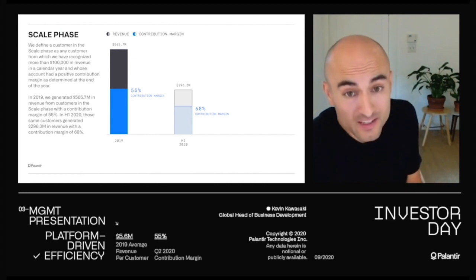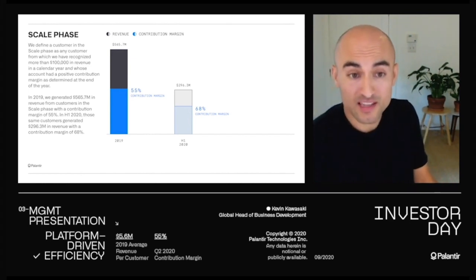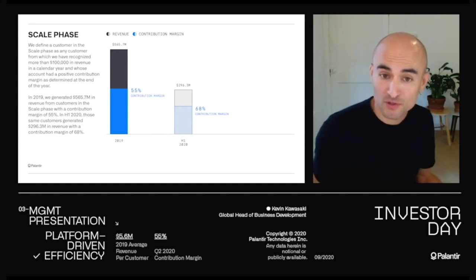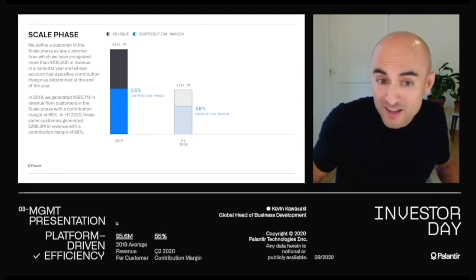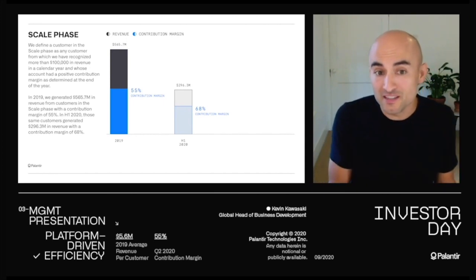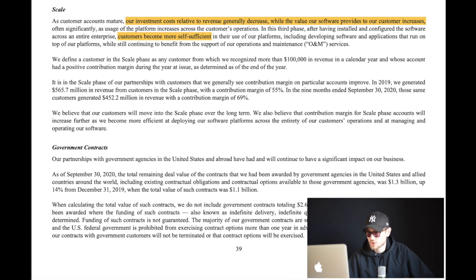The scale phase is the majority of our revenue, about 76% of our revenue last year, and generating the bulk of the contribution margin. This is where we should be constantly getting better. And you're seeing this from 2019 to today. So this is where the magic happens. As customer accounts mature, our investment costs relative to the revenue generally decrease, while the value of software provided to our customer increases, often significantly, as usage of the platform increases across the customer's operations.